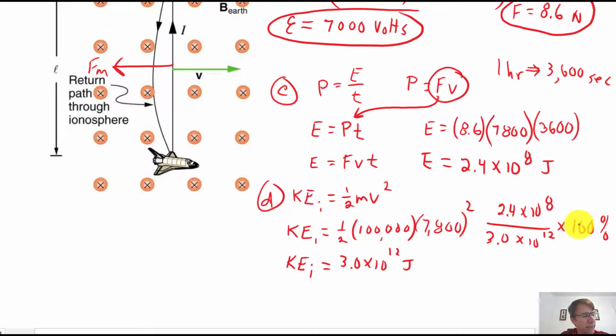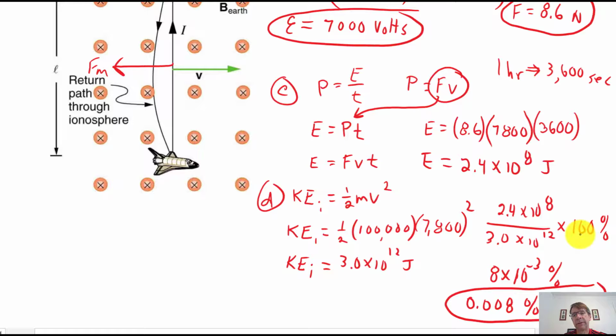It turns out to be 8 times 10 to the negative third percent. I gave one sig fig there. So 0.008% loss. I can put that in decimal form, 0.008% loss.